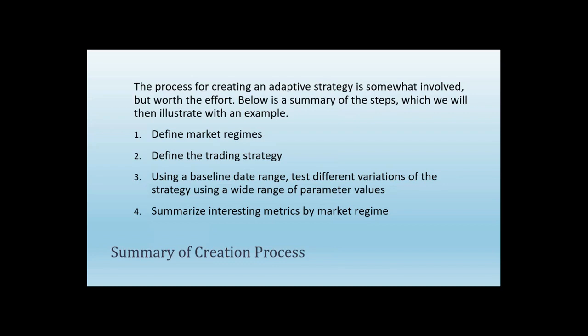But what I really want to know is, okay, so for this particular variation of the strategy, how much money did it make in a bear market? How much money did it make in a bull market? Et cetera. So we want to be able to tell for each one of our market regimes what the performance looked like.